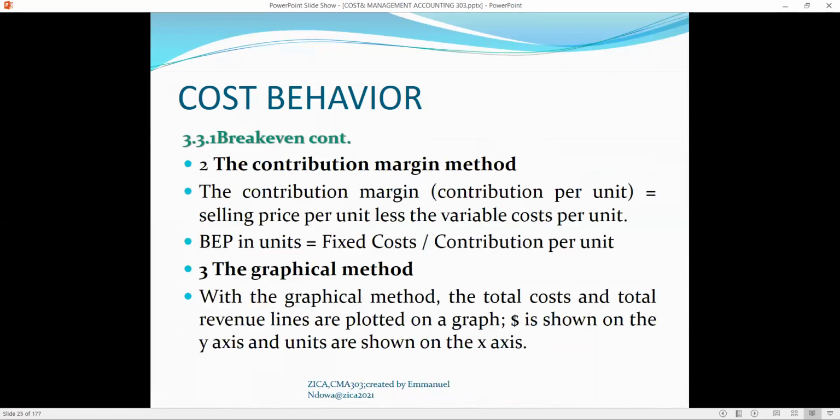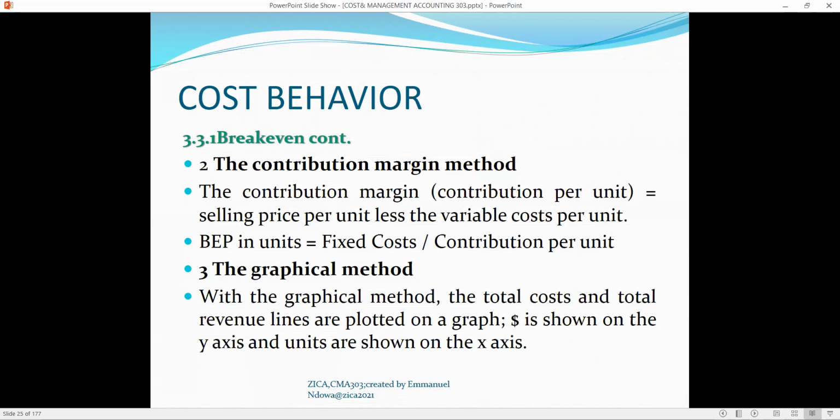Another method to calculate the break-even point is the contribution margin method. It entails getting the contribution per unit, which is the selling price per unit less the variable cost per unit. That's how you arrive at the contribution per unit.